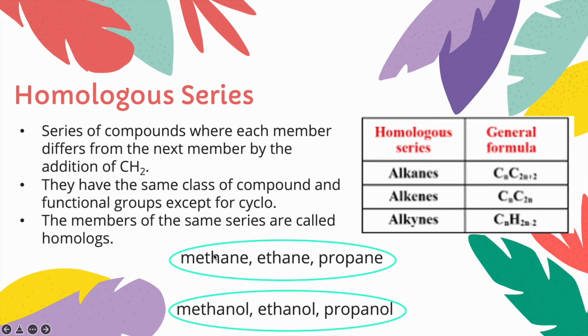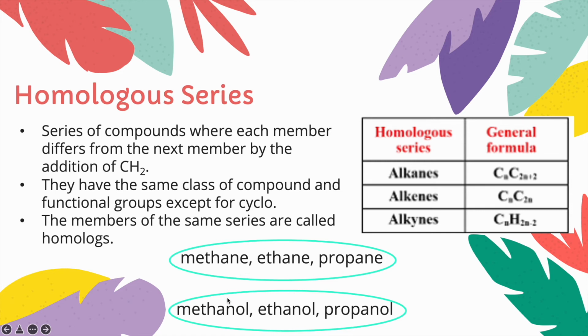So methane, ethane, propane, they are in the same class of compound, which is alkane class of compound, but the only difference in them is the number of carbon. So methane has 1 carbon, ethane 2 carbons, propane 3 carbons. They have the same class of compound, so they are in the same homologous series.